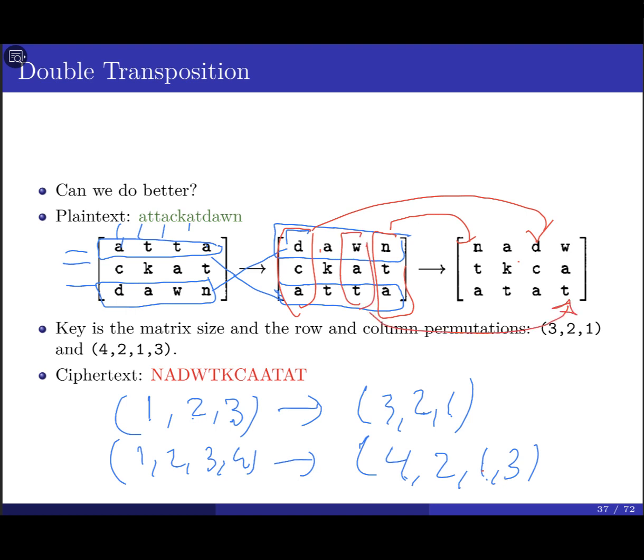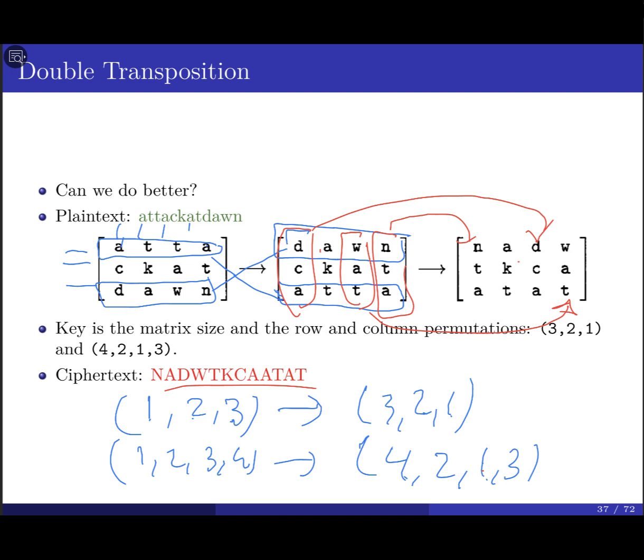Then now you need to read the data, let's say by row, or by column, it depends on you. But you need to make sure you use the same way that you performed the operation. In this example, we read the data row by row. In order to decrypt it, you have to write down the data by row.